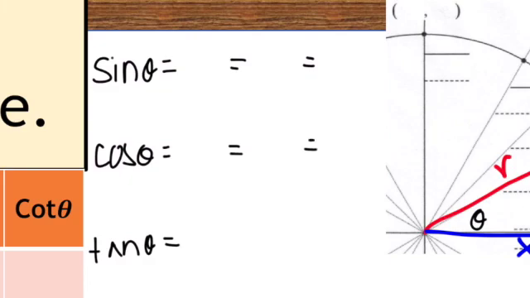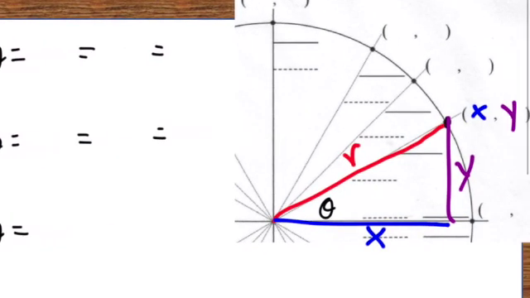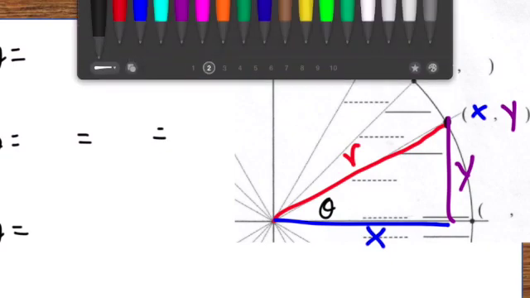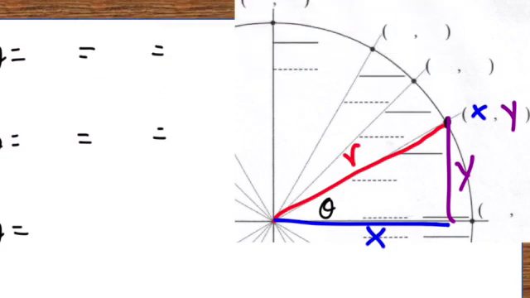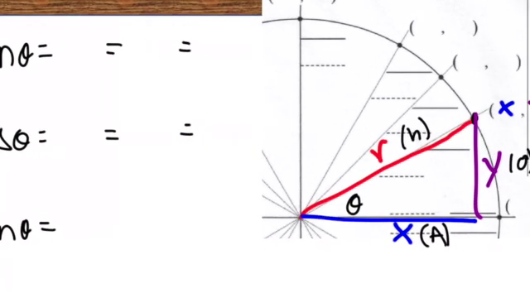So let's see. The sine of an angle, remember, is the opposite side divided by the hypotenuse. And we'll label this adjacent while we're at it. So my sine is equal to my y value divided by the hypotenuse, which is the radius. But we know that the radius is really just equal to 1.